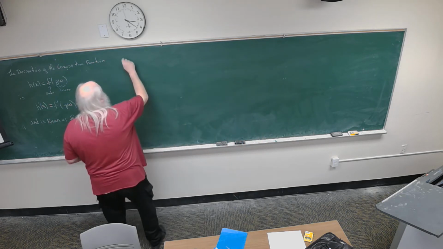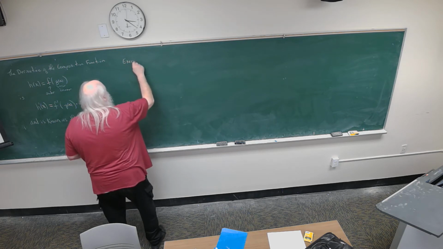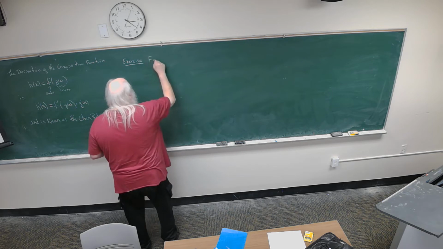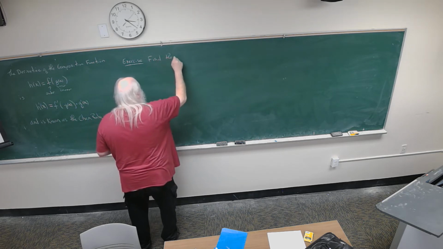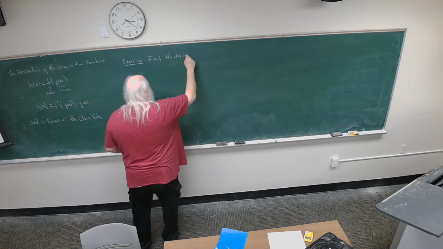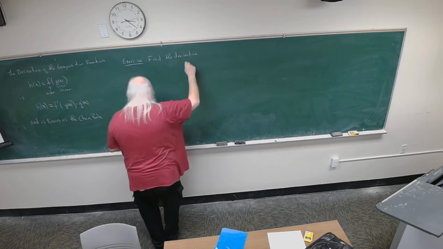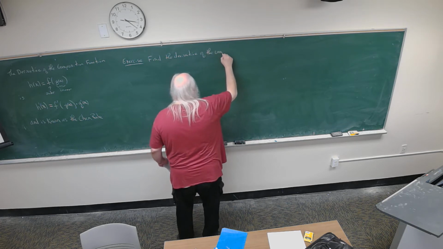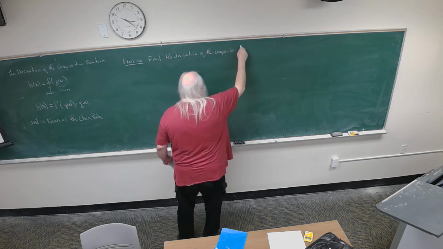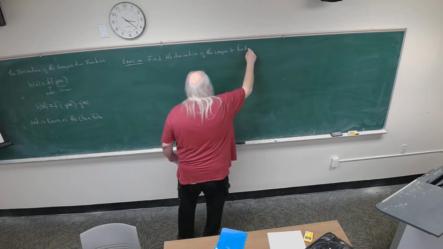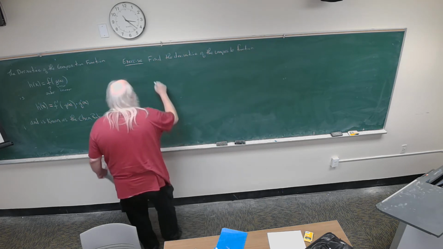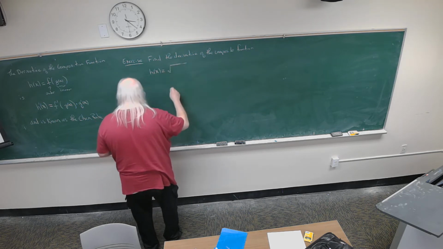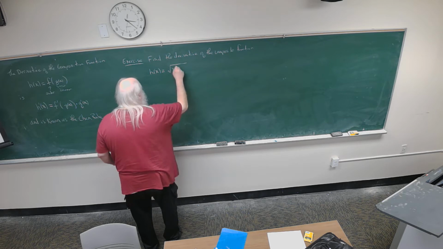So in this first exercise, we're going to find the derivative of the composite function h of x is equal to the square root of x squared plus 1.